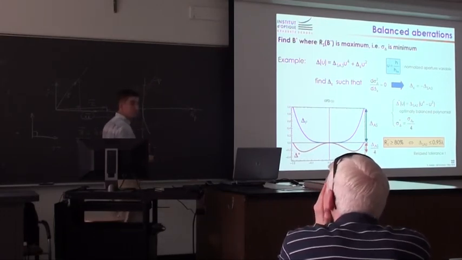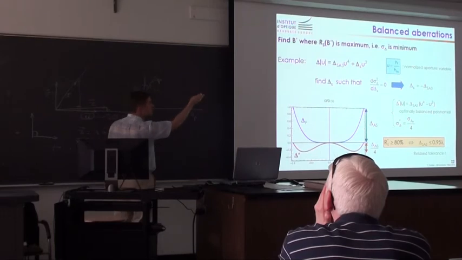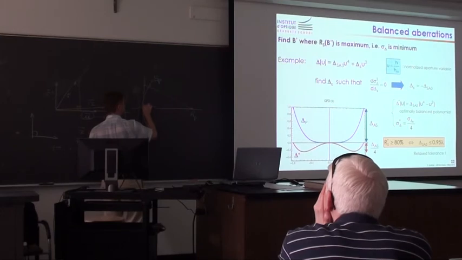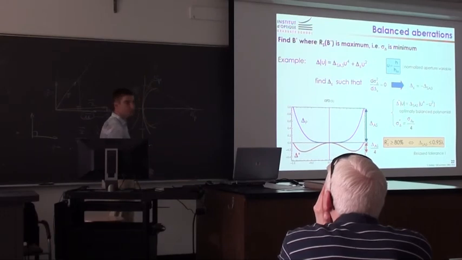And now it was spherical aberration. What does that mean? It means that the wave aberration is like this, right? It sticks well to the sphere here, and here it strongly deviates. Okay? The orange curve is not a sphere.